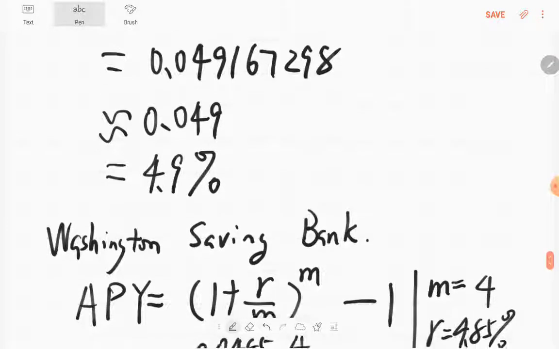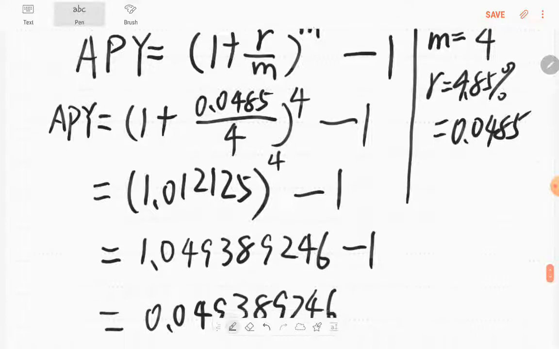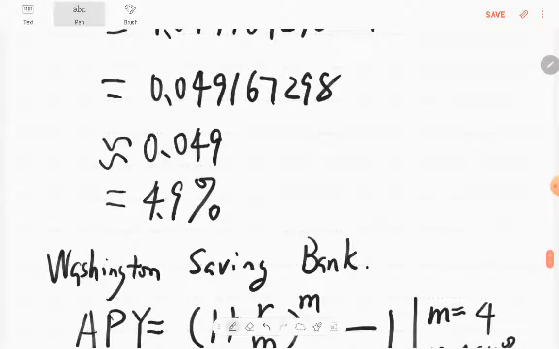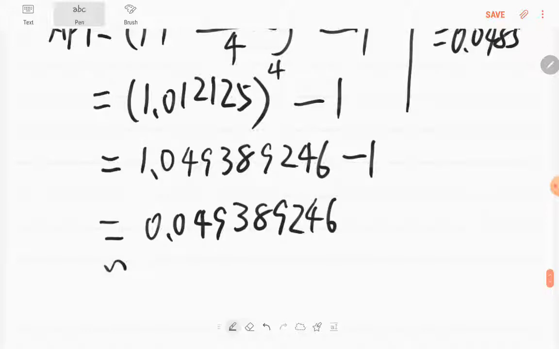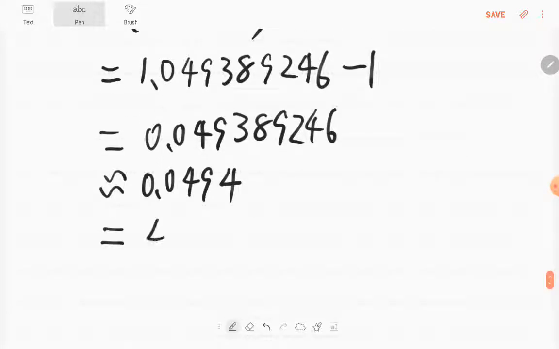Here we don't have enough decimals to compare, so we should keep 4 decimals, for example. If we keep 4 decimals, the first one would be 0.0492, which is 4.92%, and this one is 0.0494, which is about 4.94%.